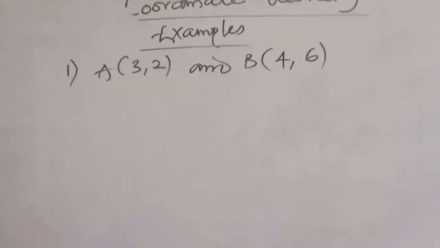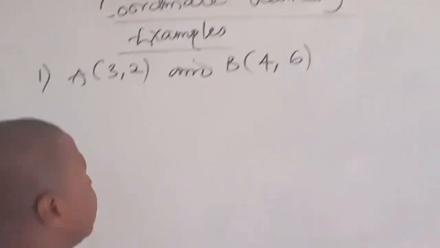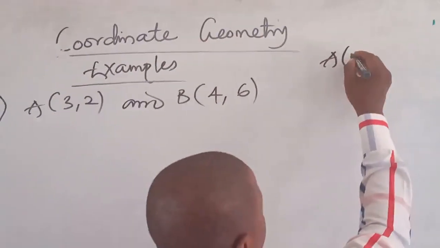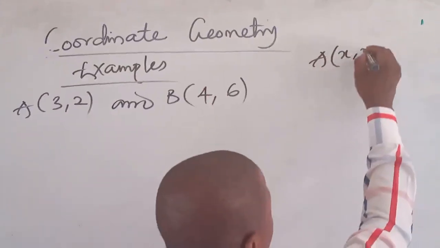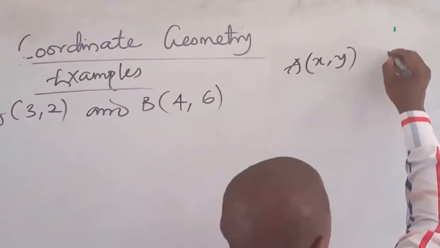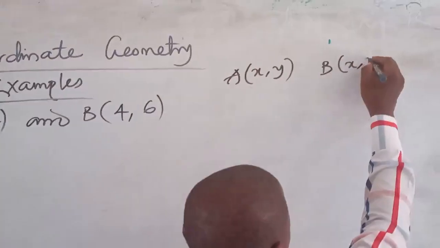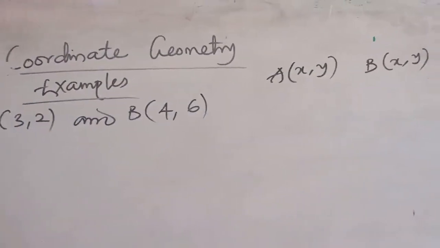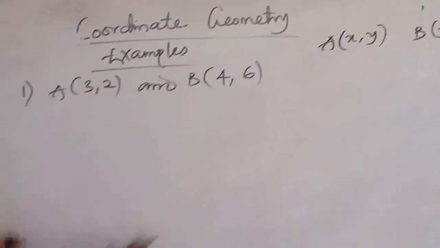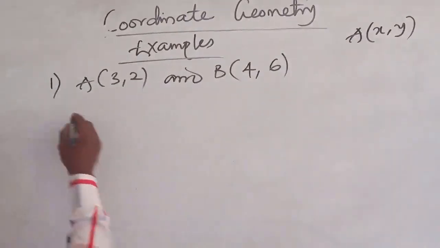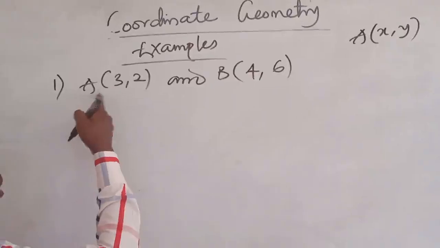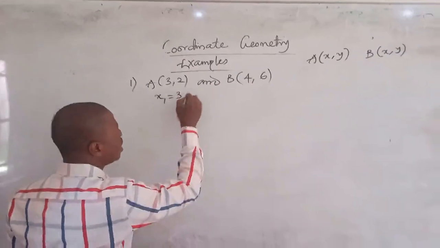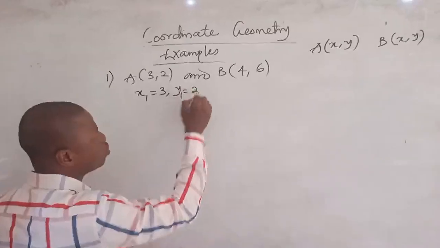Okay, so the first thing to do, don't forget that coordinates are represented by A into x, y and B into x, y. Since we have x1, y1, x2, y2, we need to represent that here. So from A into 3, 2, x1 is 3 and y1 is 2.